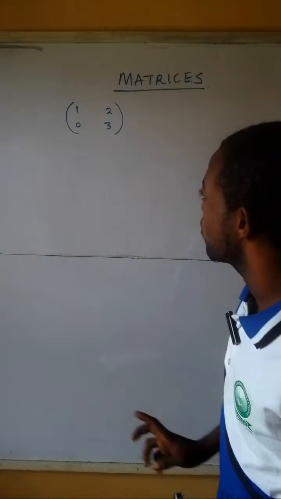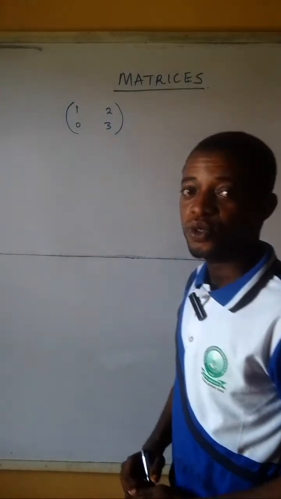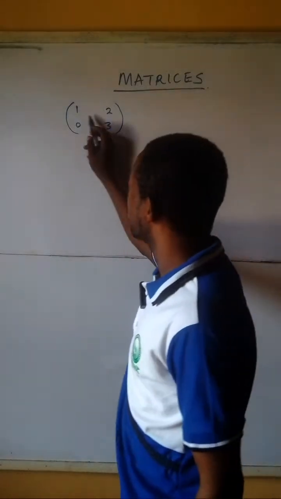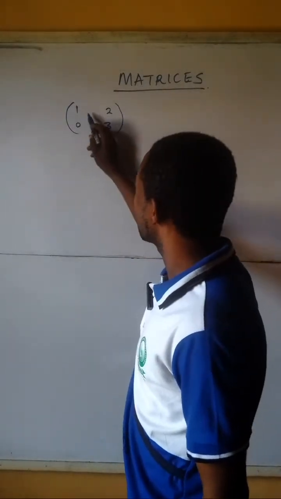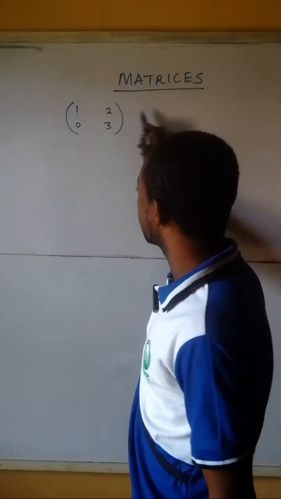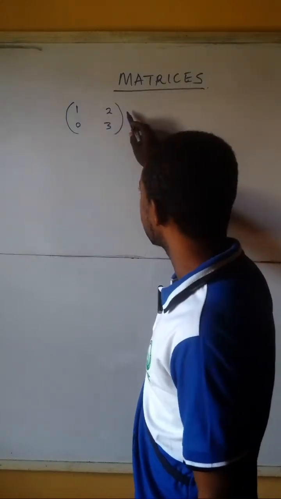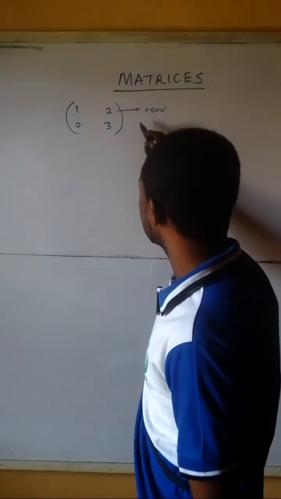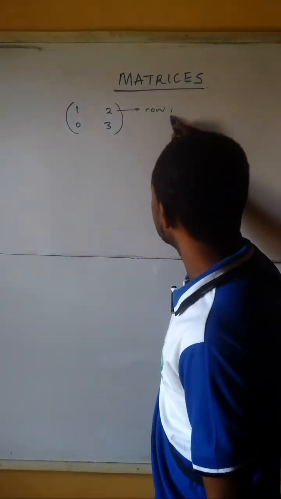Then we have something very important to note in matrix. There's something we call row. The number on the horizontal line like this is referred to as the row, and here this is row 1.